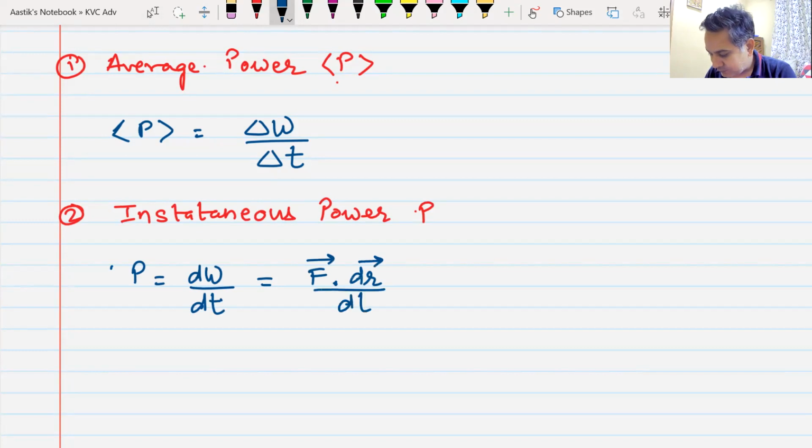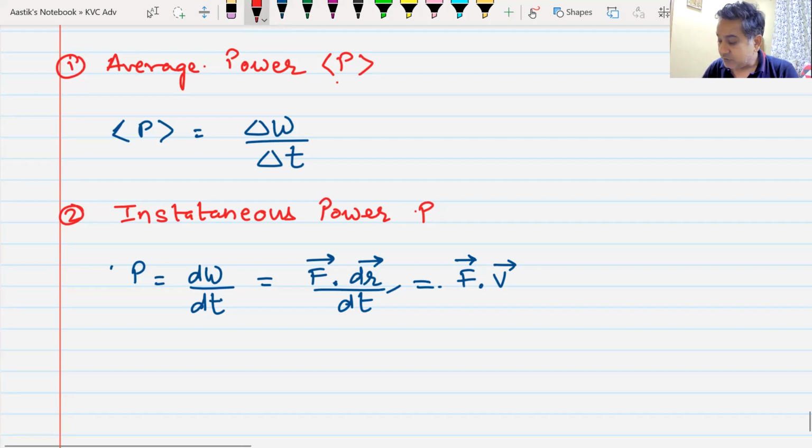Now this dW by dt, with work as force dot dr, divided by dt. I can write this dr by dt as v, the rate of change of position vector. So I have one more formula of instantaneous power: it can be written as F dot V. You can write it and understand it in this way.